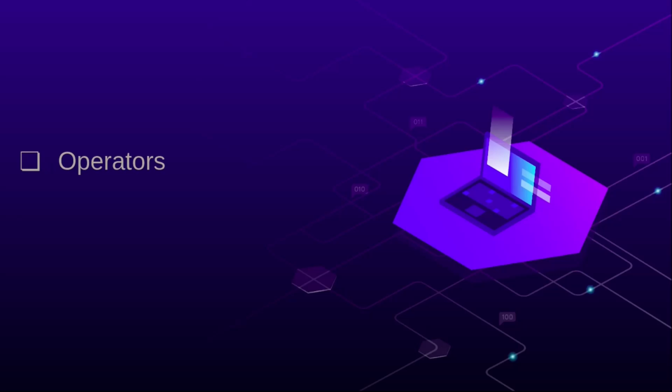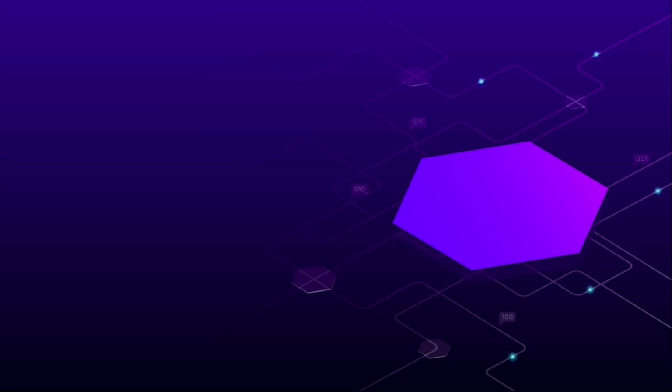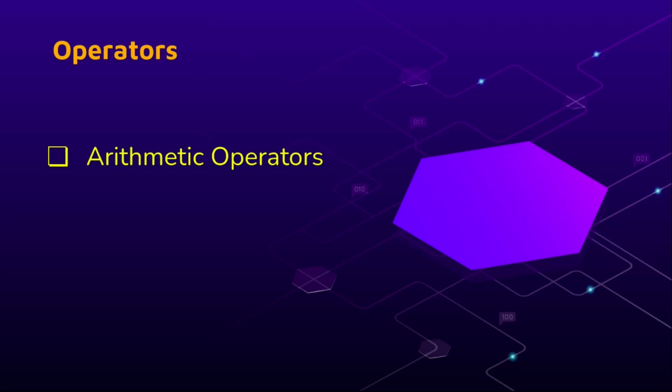So in this tutorial, we're going to cover operators, then we will have a discussion on conditional statements. Cool. So operators, right? Operators are divided into different categories. In this tutorial, we'll talk about two. The first one is the arithmetic operators. This is when you want to do just a mathematical operation, whether you want to add, divide, subtract, or multiply.